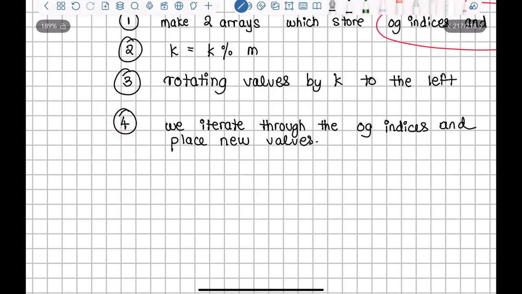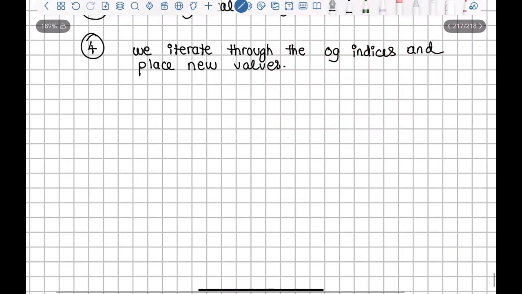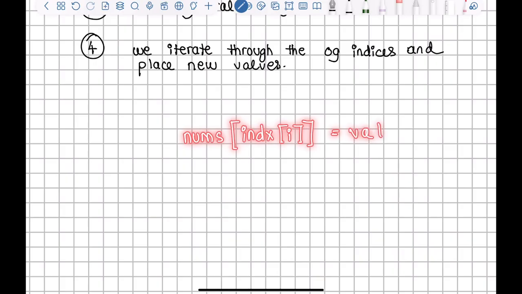What do we do? Both of these are of the same length, right? So whatever is original nums at indices of I is equal to value at I, right?